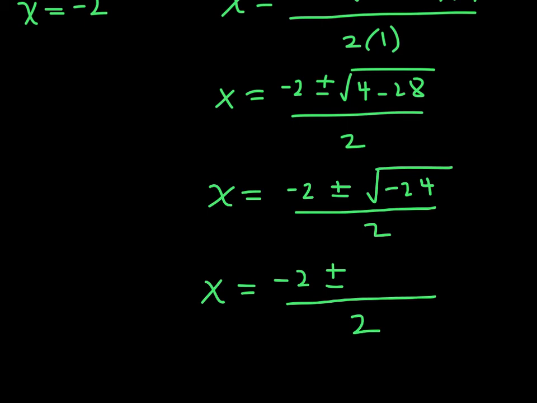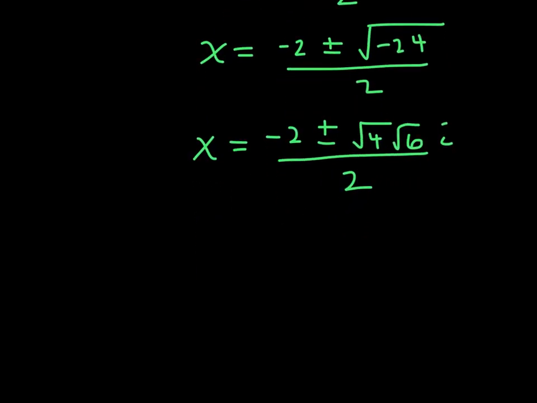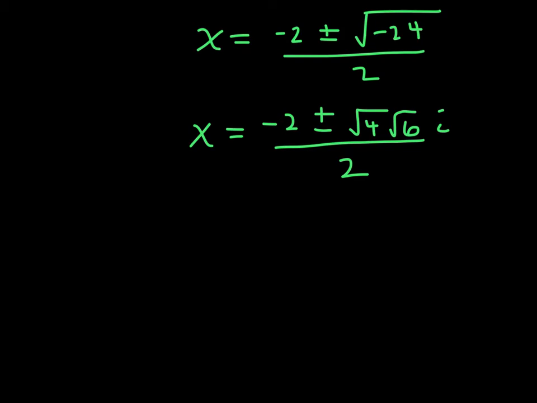You can rewrite the square root of 24 as the square root of 4 times the square root of 6. And you're going to have i show up because the expression underneath the radical has a negative sign. So then this becomes x is equal to negative 2 plus or minus 2i root 6 all over 2.